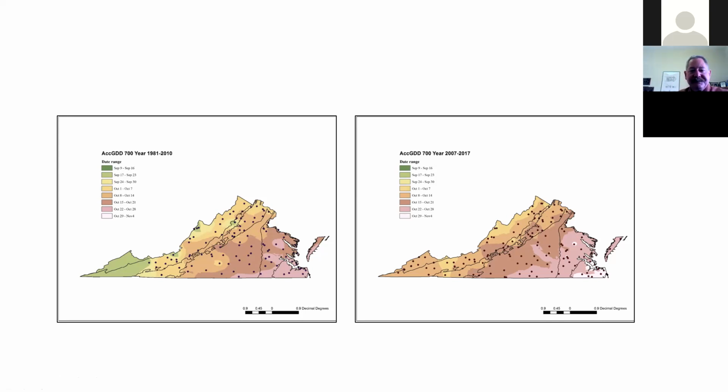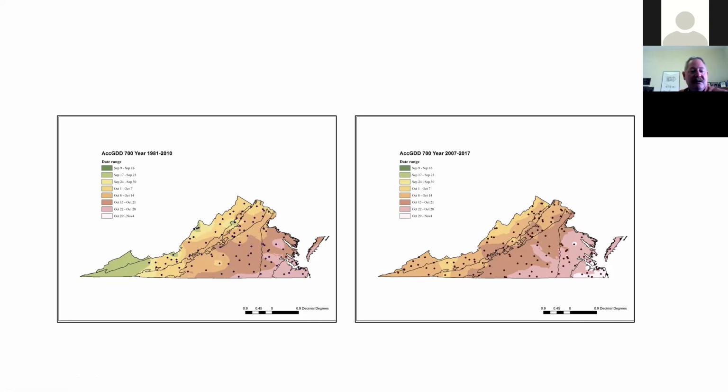If you'll notice, the color chart, the heat map, is the same among both. Down in Chesapeake, Virginia Beach, and in the very southeastern tier of counties, there's a week that appears in this 2007 to 2017 data that wasn't there before. A lot of the coastal plain has moved from being around October 20th to the week of the 25th to the 28th.